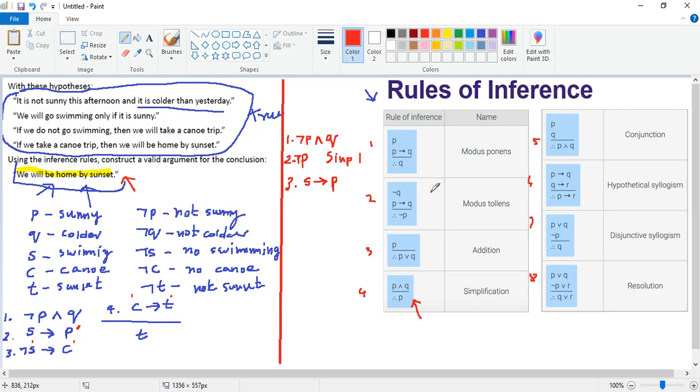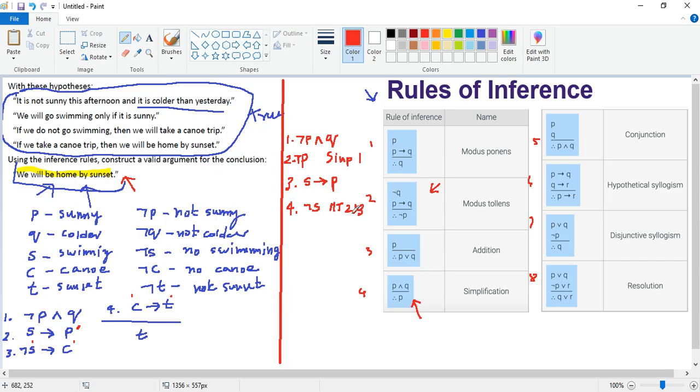What is that saying? P implies Q, and if you know that Q is not true, then you can conclude that P is not true, right? So if you look at 2 and 3, it looks similar because S implies P, and the right hand side is not true because not P is true, which means we can conclude that not S is true. So I'm using modus tollens, and I'm using statements 2 and 3.